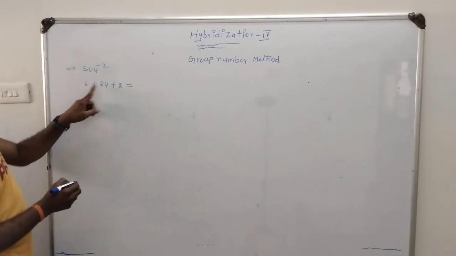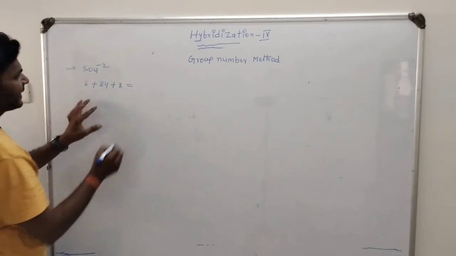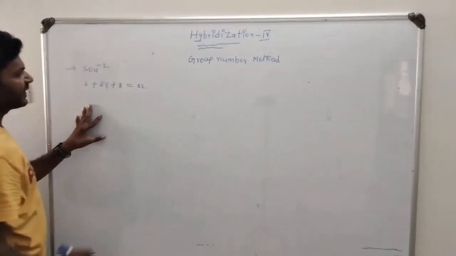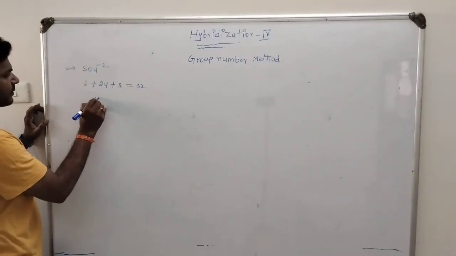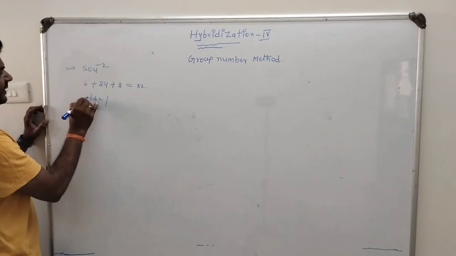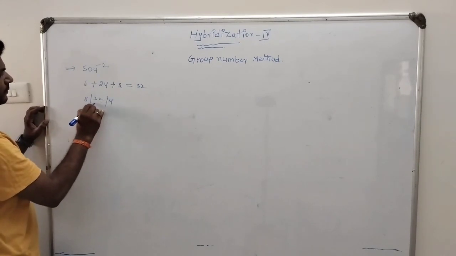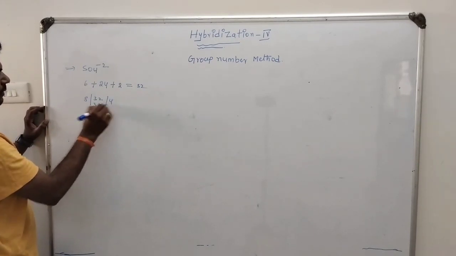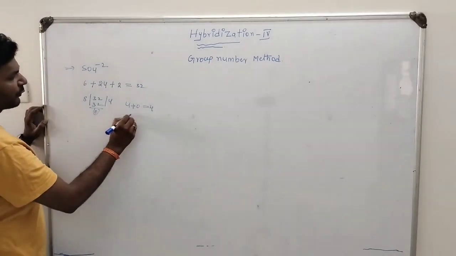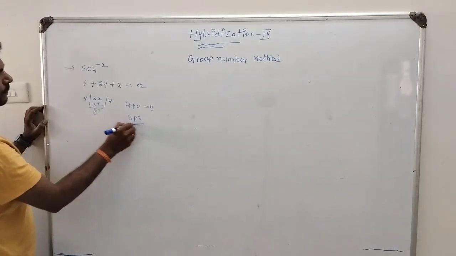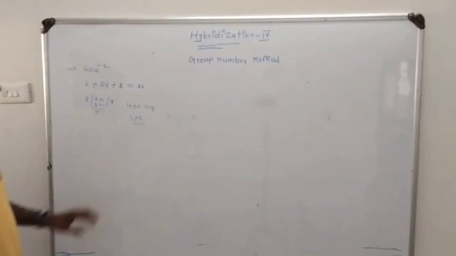Total 24 plus 6, 30. 30 plus 2, 32. If it is between 9 to 56, divide with 8. 4 plus 0, 4. sp3 hybridization.